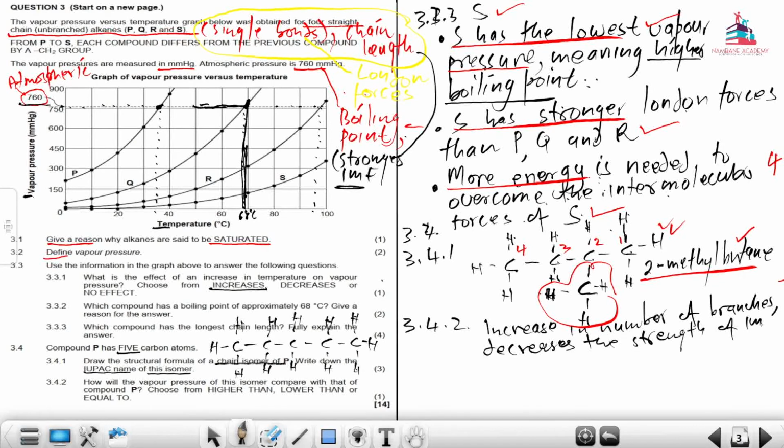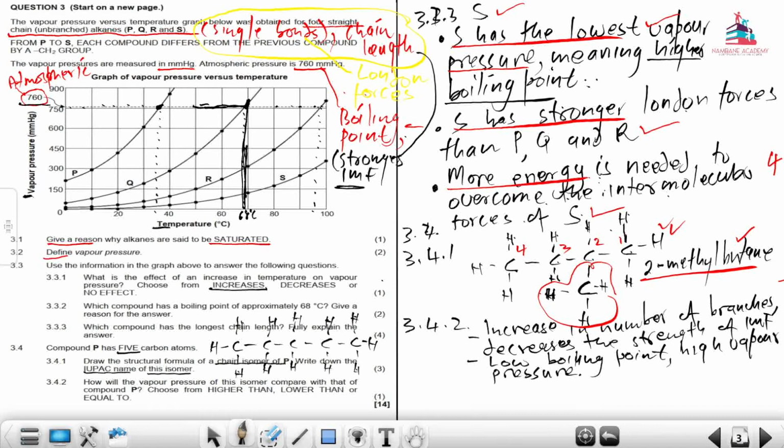If my intermolecular forces are weak, I'm going to get a low boiling point, which means high vapor pressure. That is the relationship that we need to understand.